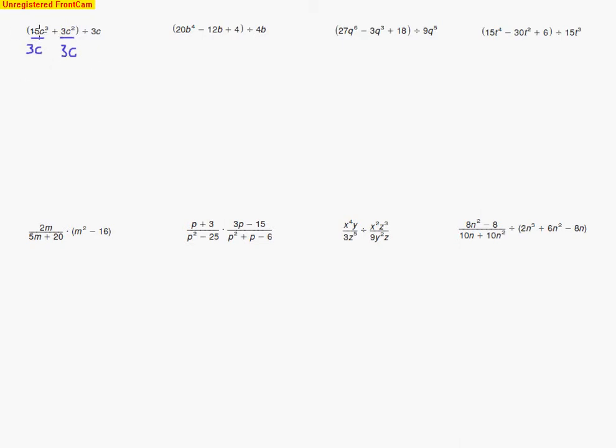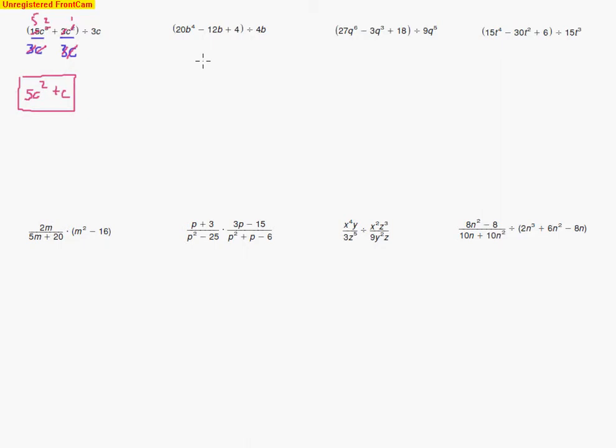You see that 3 goes into this 15 5 times, so we have 5 left over. Then this c will take out one of the c's down on top, and we're left with 2 c's on top. So 5c squared is what we get there. Here the 3's cancel out, and this c goes into this c just one time. So we have plus c, and that's it. 5c squared plus c is what you get when you do that division.